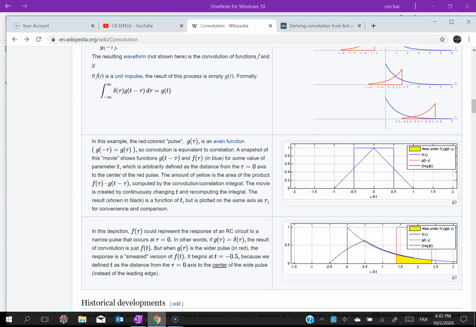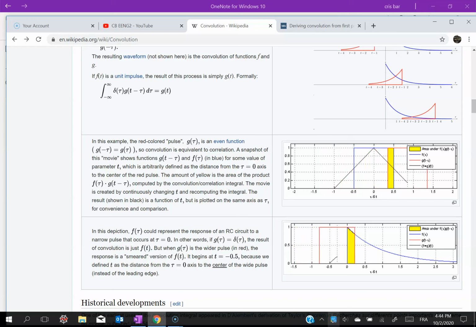Here you've got an example with two rectangle functions, the red one and the blue one, in the first animation. In the second animation, you've got some other kind of functions. You've got a red one, which is still a rectangle function, and another one, the blue one, which is some kind of pulse.